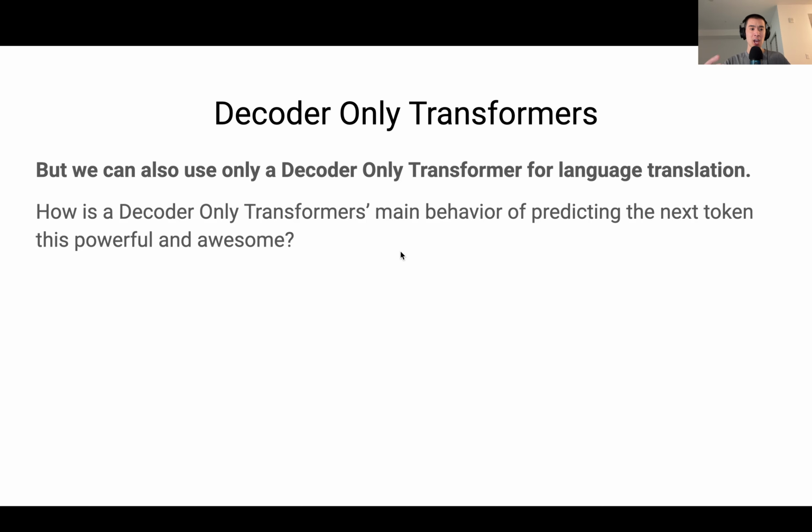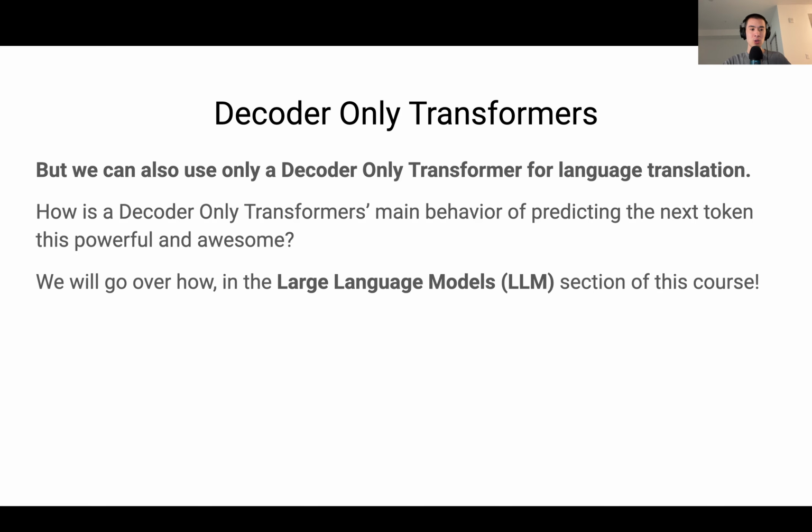In fact, how is a decoder-only transformer's main behavior of predicting the next token this powerful and awesome? It almost seems like magic, as I mentioned before. Well, we will go over how in the large language models, or LLM, section of this course. That's it for this video. Thanks for watching.